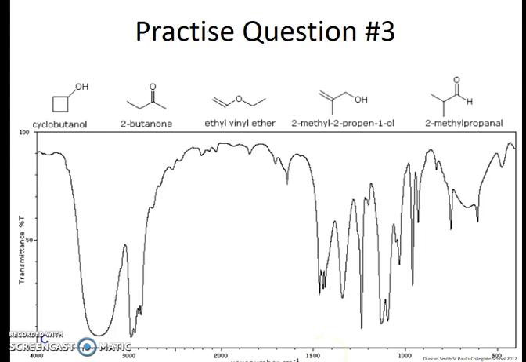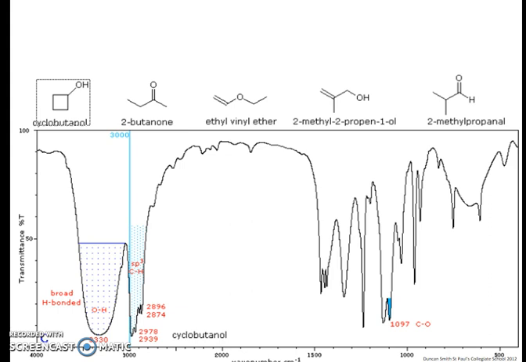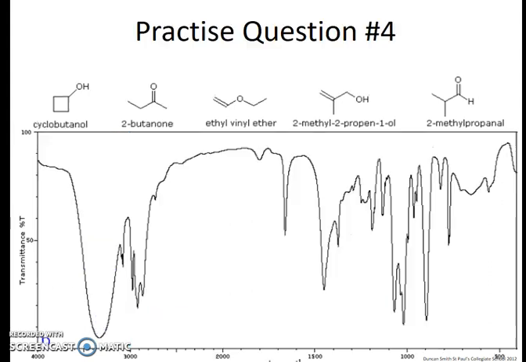Okay, so next, spectrum D. So that's cyclobutanol. For D, again, there is a beautifully clear parabolic peak at, in this case, about 3350 wave numbers. That's indicative of an alcohol.